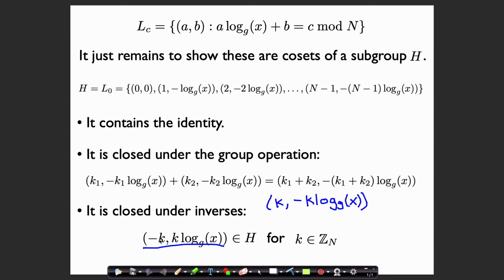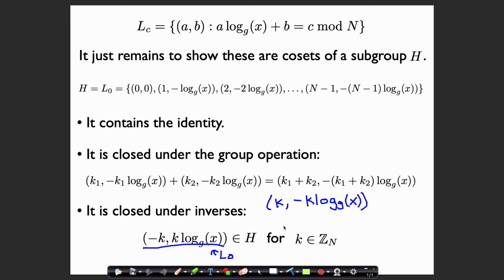We can see that this element also satisfies this equation: minus k times log base g of x plus k times log base g of x is equal to 0 modulo n. So this element will also be in L0, so L0 is closed under inverses.